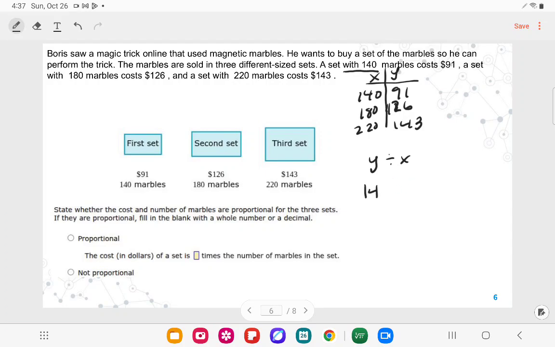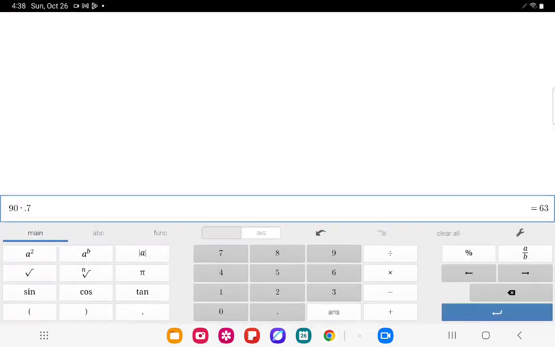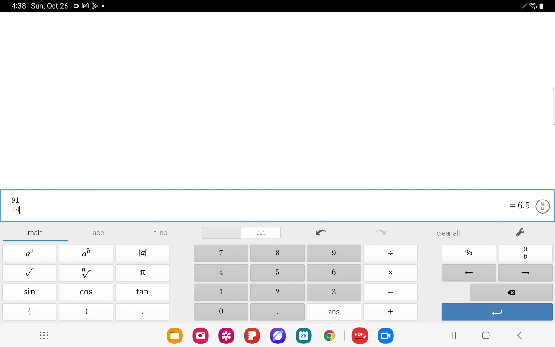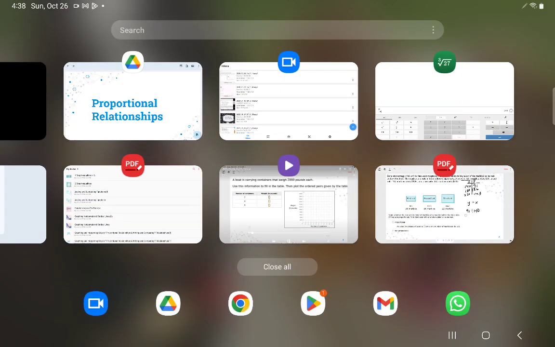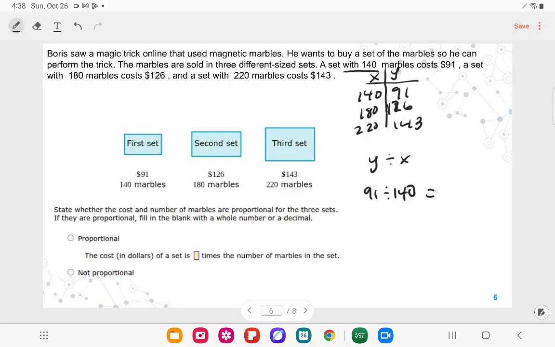My Y is 91, so 91 divided by 140 gives me the cost of each marble, which is 0.65, so 65 cents per marble. So 140 times 0.65 is equal to $91.